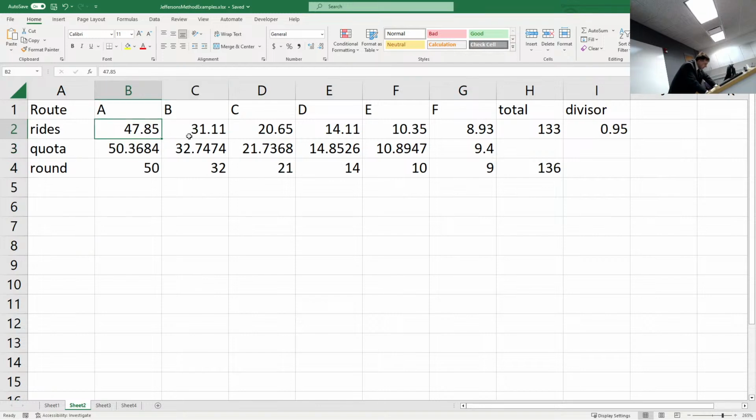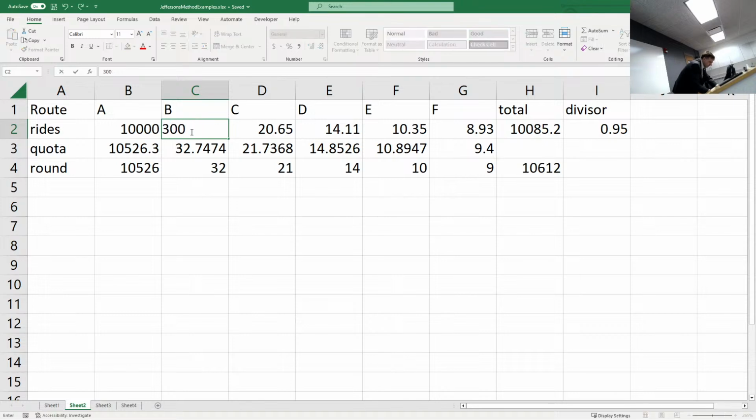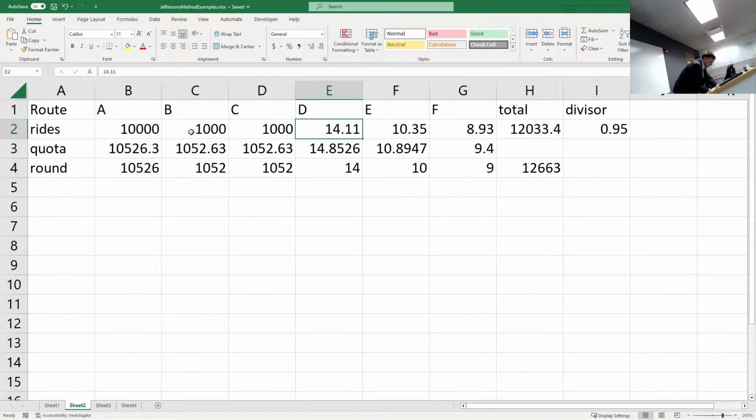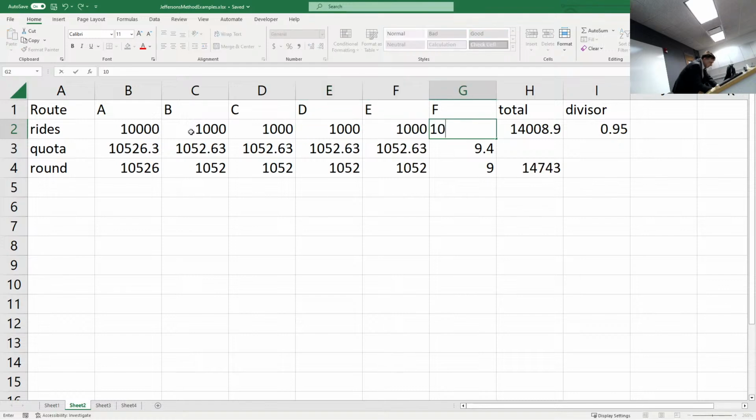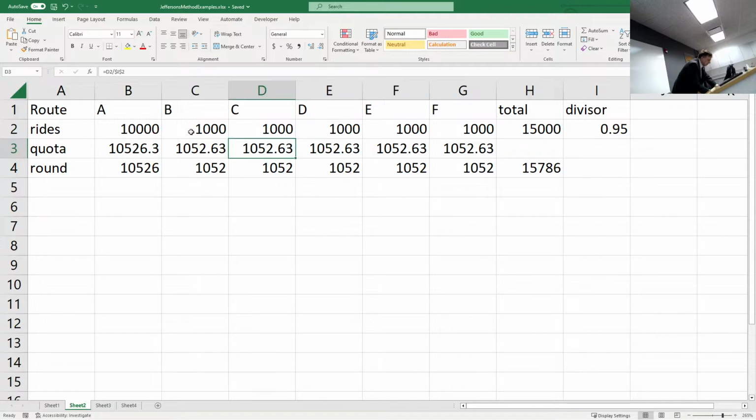Okay, so I'm going to make one up where I have, let's say, 10,000 here. And then let's go with 300. No, we need more than that. 1,000. 1,000. 1,000. 1,000. Okay, so this is a really boring example.